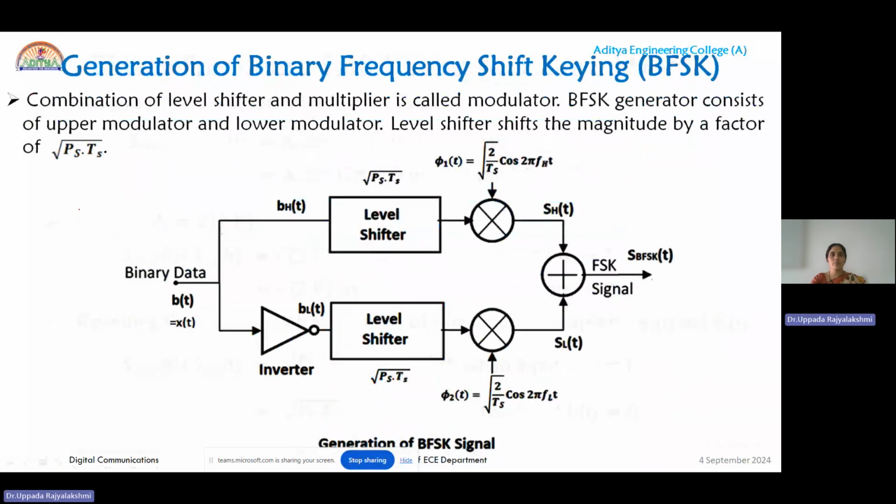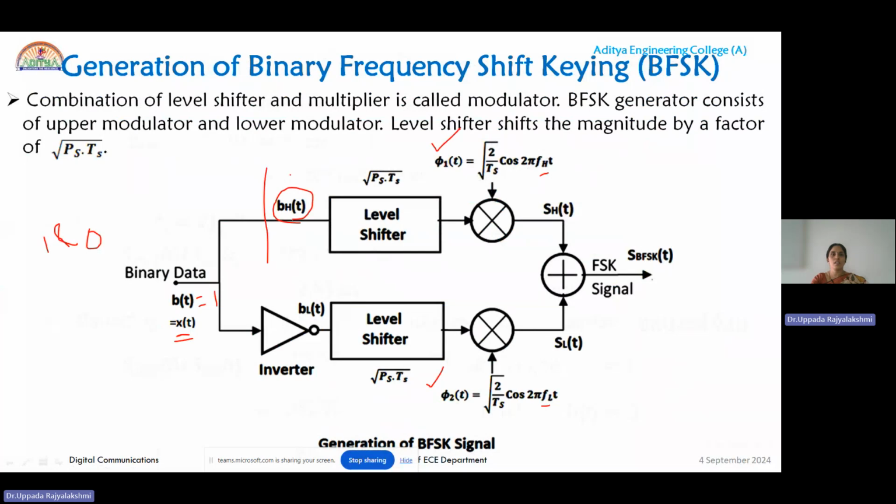So coming to the generation of BFSK, here we have already seen the general expression for the FSK signal. It consists of phi 1 of t, that is the 1-bit energy carrier due to high frequency, and the 1-bit energy carrier due to low frequency. That's why, in order to get the overall FSK signal, it should be the combination of data bits 1 and 0. Here you can see the inputs to the upper modulator.